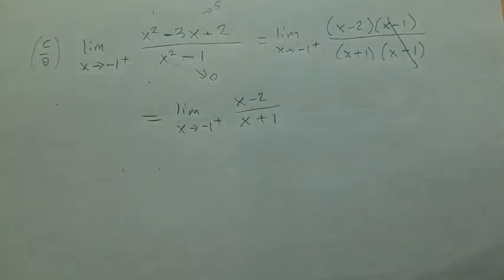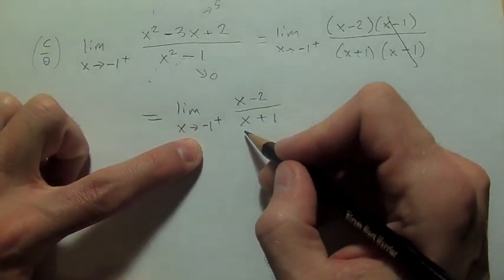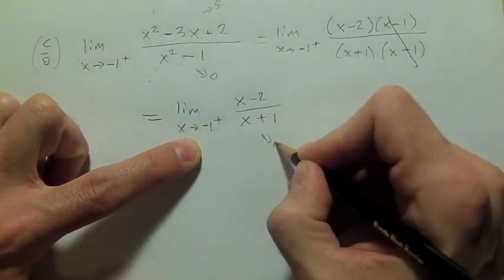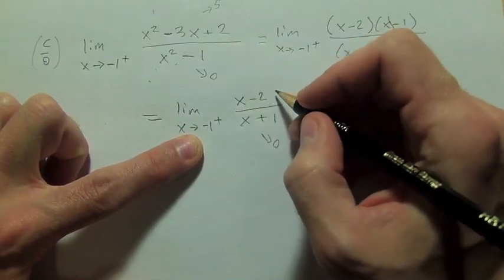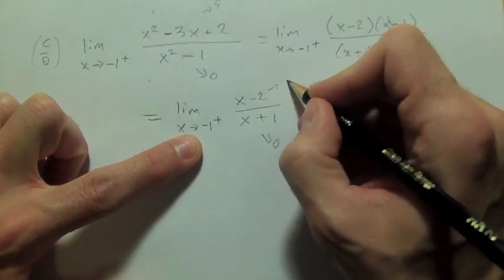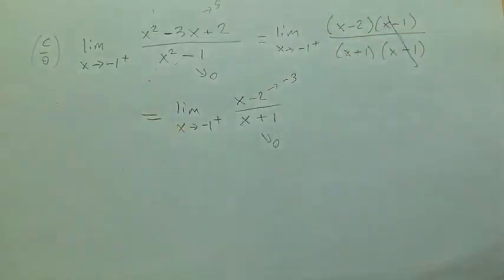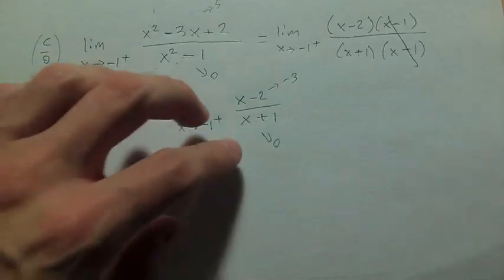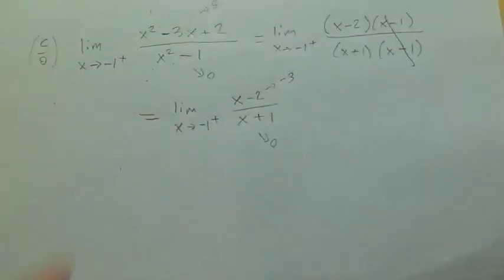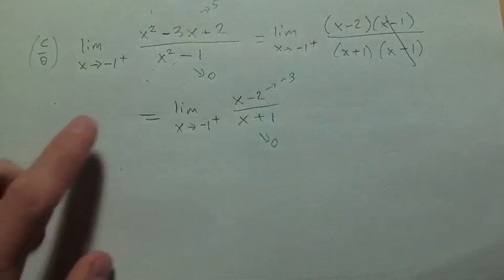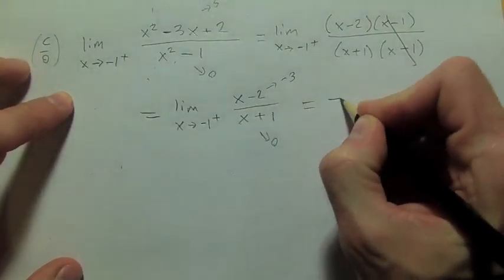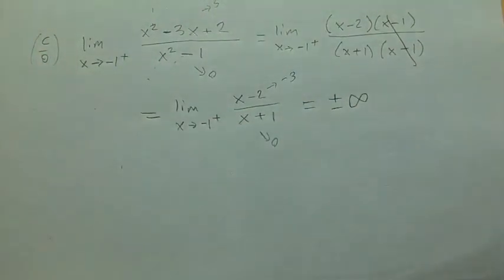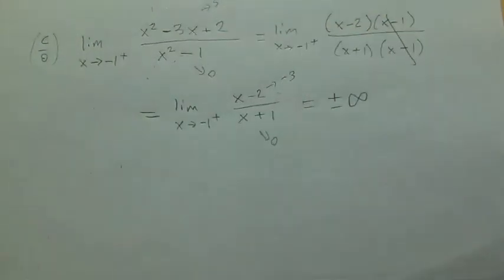It's going to make things way simpler, because now when we plug in negative 1, this of course goes to 0. Now when we plug in negative 1 from the right, this is going to be negative 3. Does it really matter all that much that these are going to different numbers? Not really, because remember, since this is a constant over 0, this is going to be plus or minus infinity. What this number up top is doesn't really matter that much in the long run.